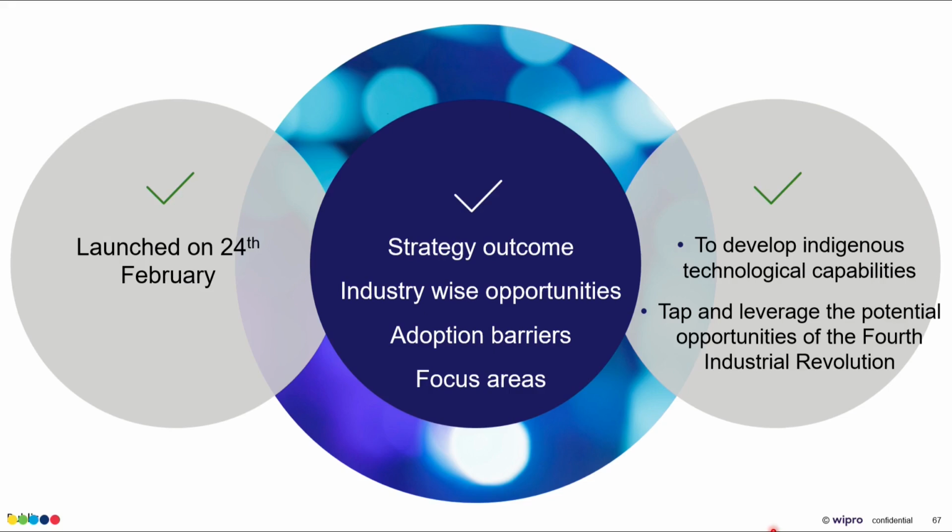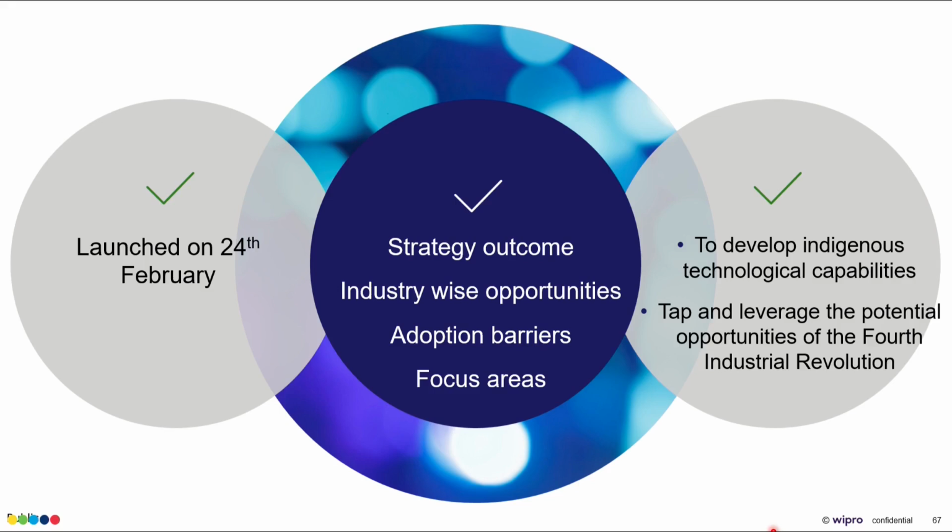The year is missing there on the slide, but it is 2022. Now, they want to develop indigenous technological capabilities and they also want to tap and leverage the potential opportunities of the 4th industrial revolution, now of course moving to the 5th industrial revolution. The contents of the strategy would be outcome, industry wise opportunities, adoption barriers and focus areas. That is what we will go through also.